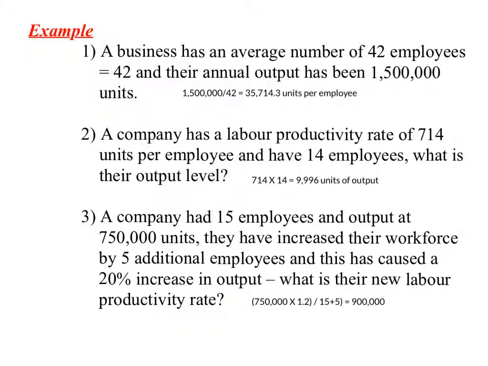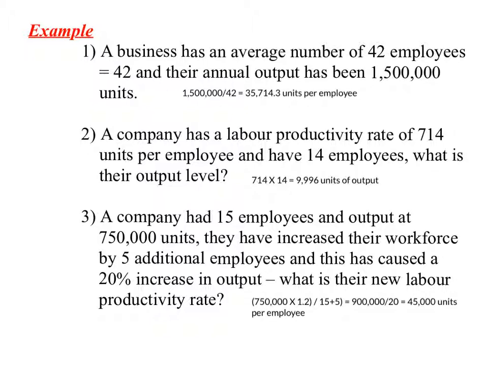But then there's another part to this, and I have to think about my 15 plus 5 because my recruitment has happened, so that's obviously 20. So I do my 900,000 divided by 20, and that should give me a labour productivity rate of 45,000 units per employee.